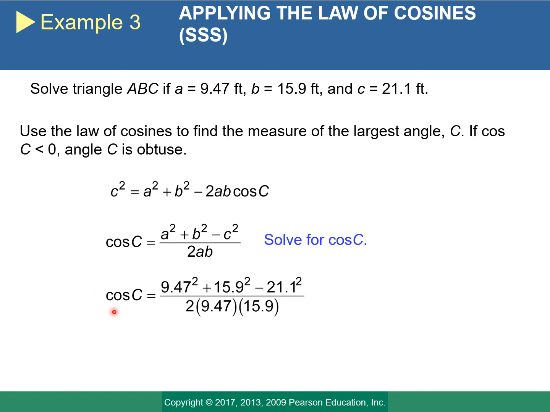We end up getting cosine C is this quantity with our plugged in values. And then using the calculator, this is about negative 0.34. Okay? So cosine C is negative 0.34. So then you can say cosine inverse of this value, negative 0.34, is about 109.9 degrees.